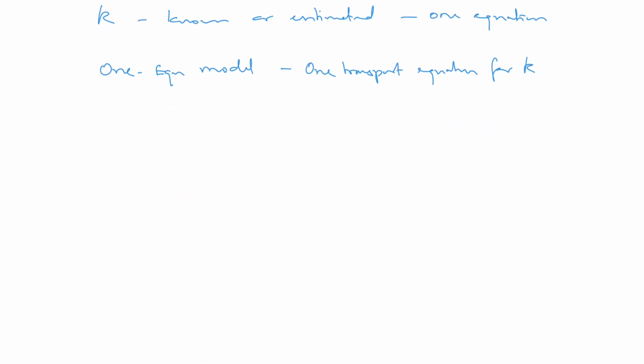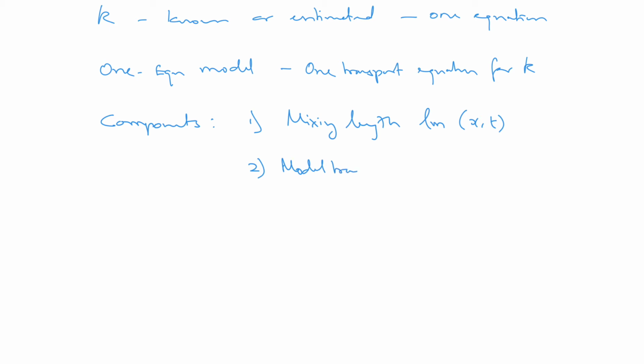So what are the components that are going to be inside this? Let me write the components. 1, you have the mixing length, it is Lm of space and time. 2, model transport equation for turbulent kinetic energy, again function of space and time.